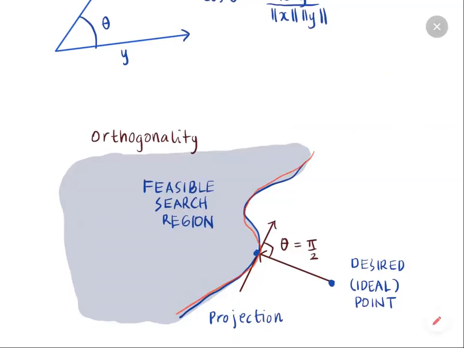In certain cases, due to the limited amount of resources, you cannot take any point in your solution space, and you are only restricted to search in what we call a feasible region.